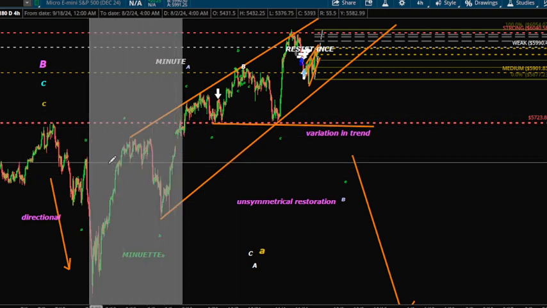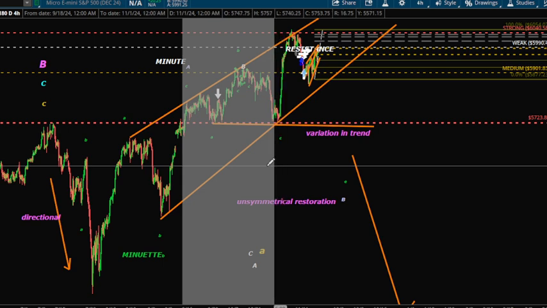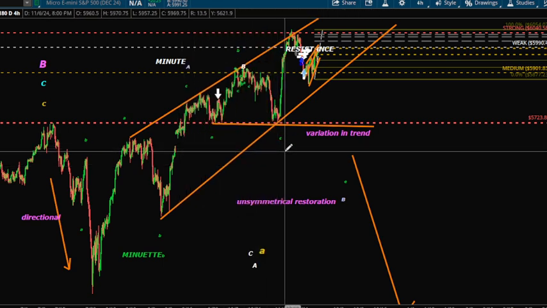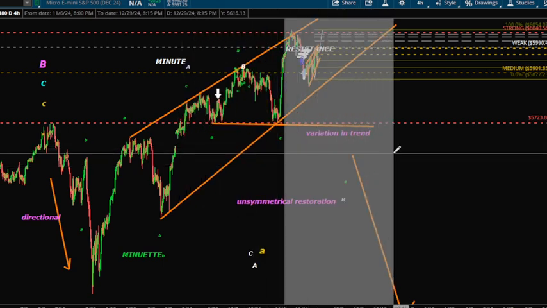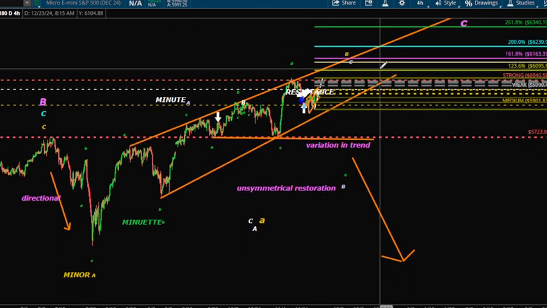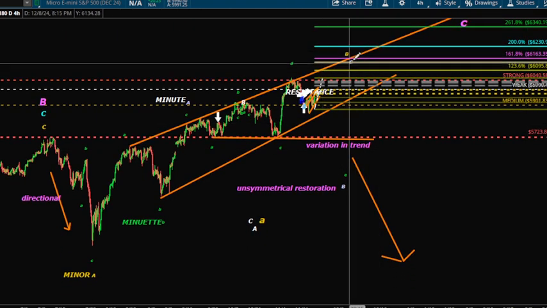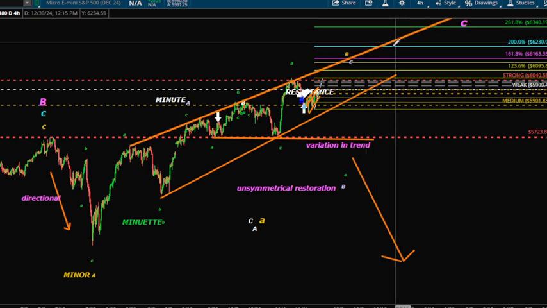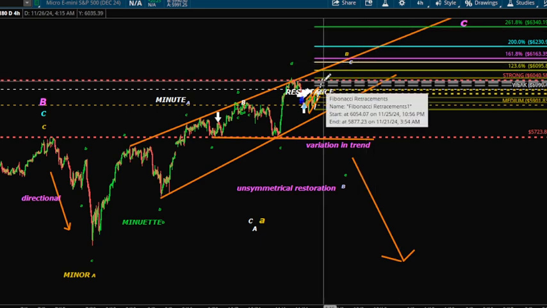This is one move, this is the second move, and this is going to be the third move. So I think that the third move is going to be interesting.